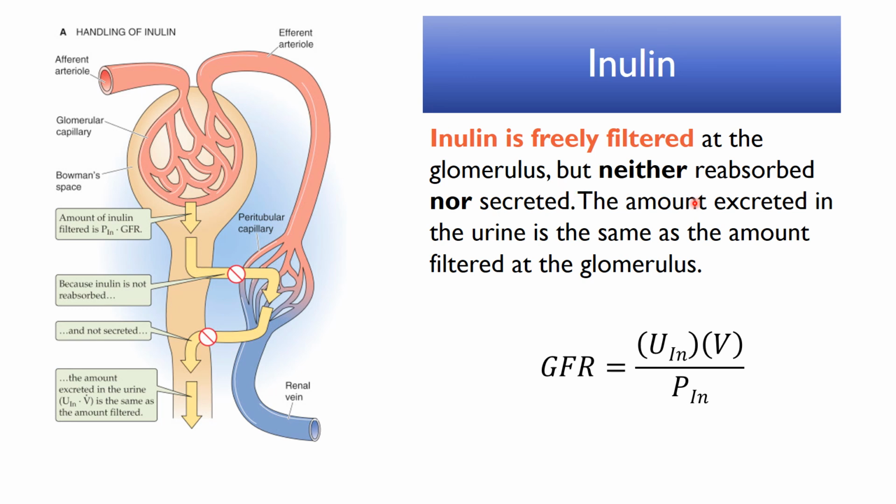So what that means is you can use the values given for the concentration of inulin in the urine, the concentration of inulin in the plasma, and the urine flow rate, and you can rearrange this equation and solve for GFR. So this is a graphic depicting what happens to inulin. It's freely filtered, but it's not reabsorbed and it's not secreted. What gets filtered is exactly the same that appears in the urine, and therefore you can use inulin to calculate glomerular filtration rate.